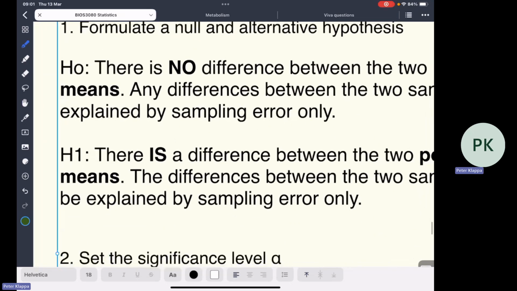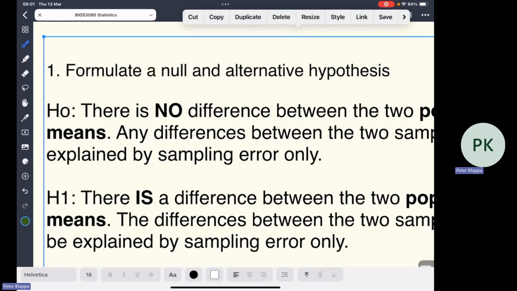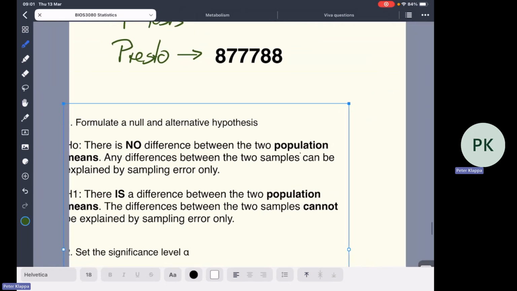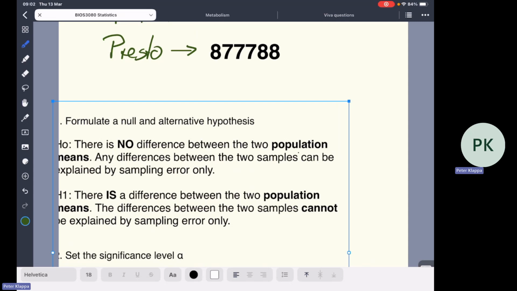For example, we said we need to formulate a null and an alternative hypothesis. That is step one; we always start with that. The null hypothesis would be that there is no difference between the two population means.